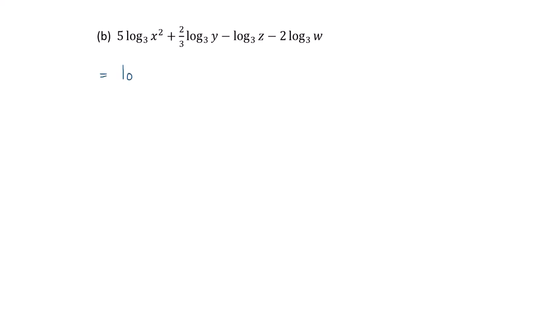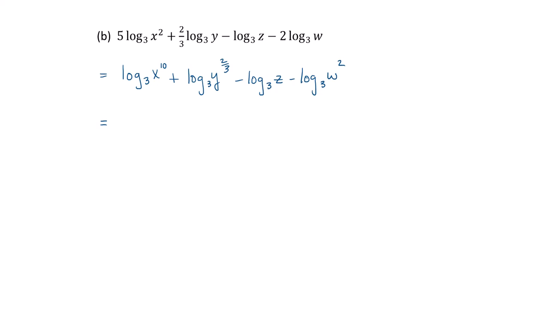This is equal to log base 3 of x squared to the 5th, which is x to the 10th, plus log base 3 of y to the 2/3, minus log base 3 of z, minus log base 3 of w squared.